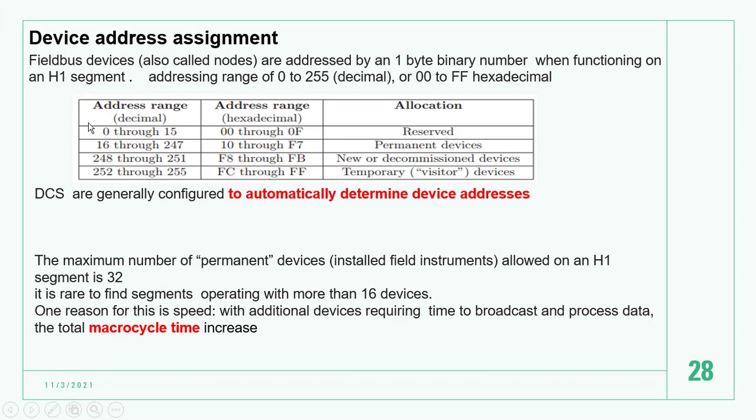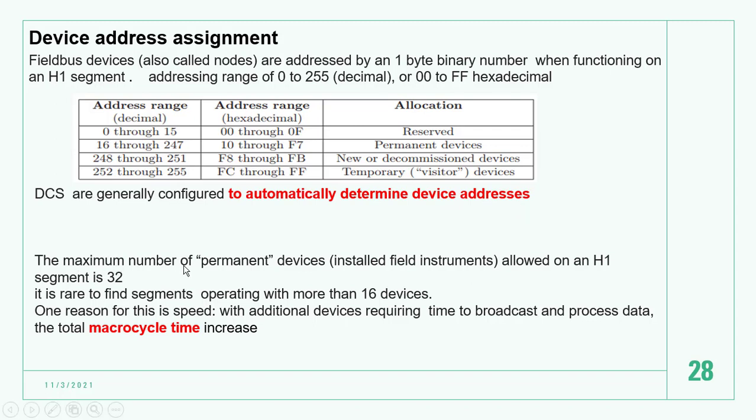For address assignment, some PLCs use manual addressing, but here in a DCS, Foundation Fieldbus determines the device address automatically.